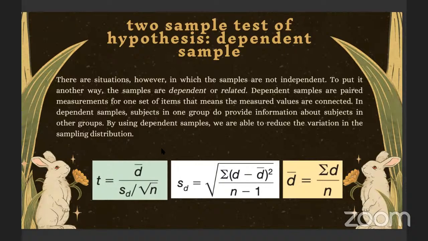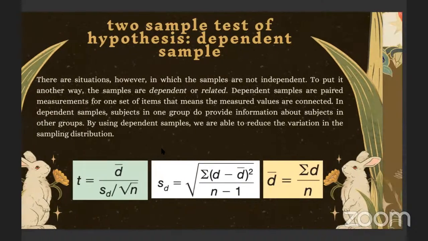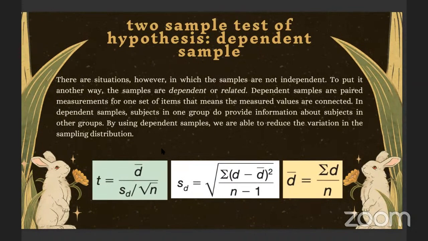In independent samples, subjects in one group do not provide information about subjects in the other group. By using dependent samples, we are able to reduce the variation in the sampling distribution. Here is the third formula, and we're going to move on to the example to make it easier for us to understand these three formulas.